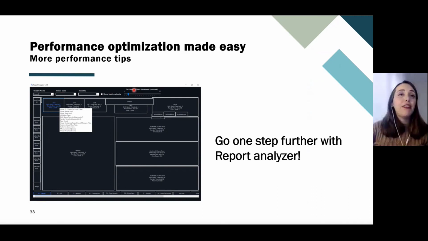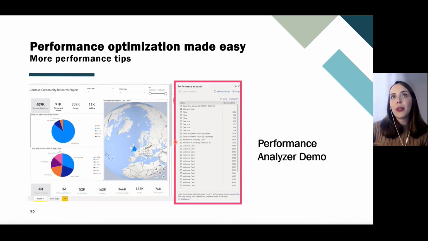You can even filter this by the DAX query time. So if you want to focus just on the visuals where the DAX query is taking forever, you can filter so you're only focusing on the visuals that are actually a big problem. So again, it's a more visual way to do the performance analyzer.